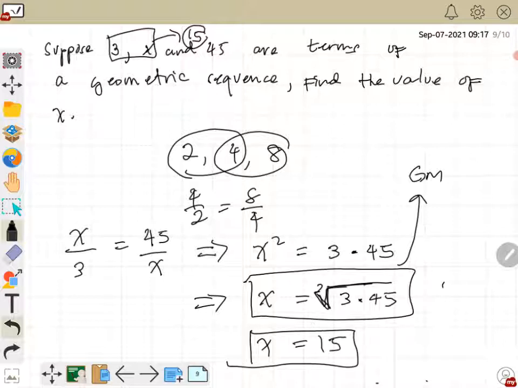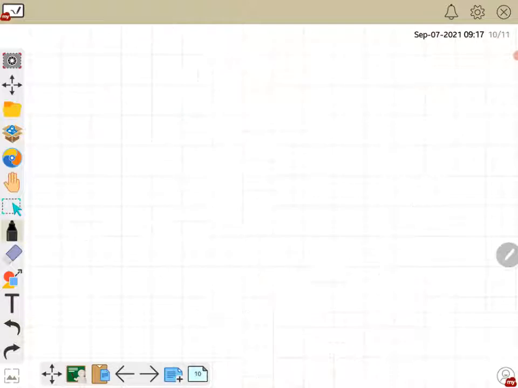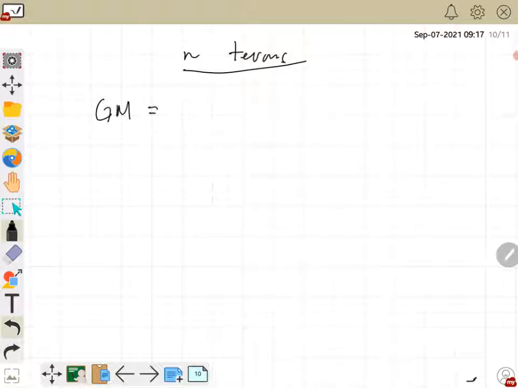If there are 3 terms, this will be the cube root. So in general, the geometric mean of n terms, whether you have 4 terms, 5 terms, 6 terms, whatever, is the nth root of the product of those n terms.